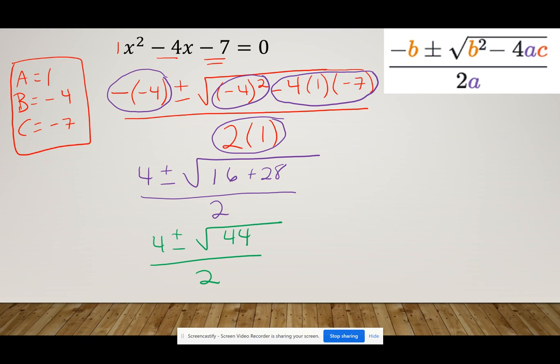Now, the square root of 44 is not a perfect square, so I know that my answers are going to have a decimal. So I can simplify the square root of 44. So what I'm going to do is go up here, and if you do the square root of 44 in your calculator, let me grab my calculator real quick.